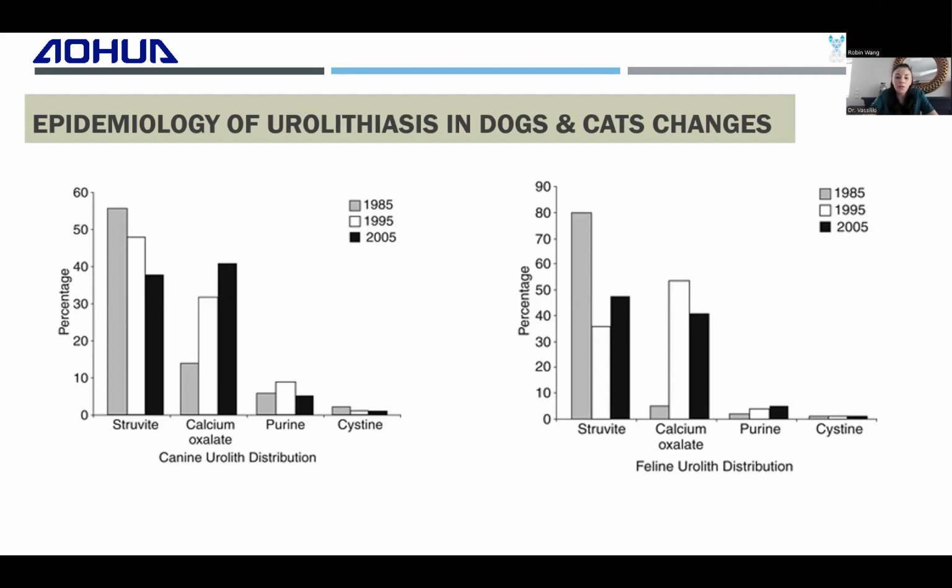We used to have more struvite uroliths, and in 2005, we've seen an increase in calcium oxalate, especially in the canine urolith distribution, maybe because the animals were treated or over-treated for struvite urolithiasis. For example, people were seeing struvite crystalluria, and they were prescribing diets for struvite urolithiasis dissolution, which was wrong.